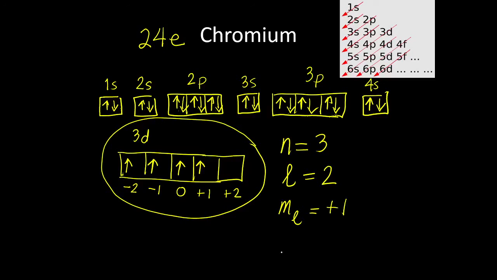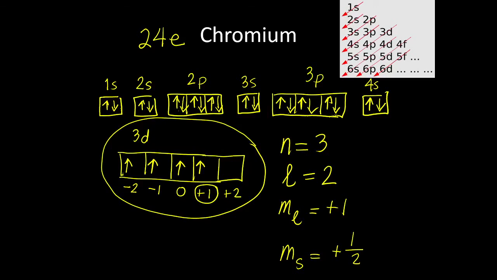Positive 1. What about the M sub S? Positive 1/2. Kay arrow up ang last gibutang, arrow up means positive 1/2. Nya, positive 1 kaysa positive 1 man ta nagbutang sa atong last arrow.